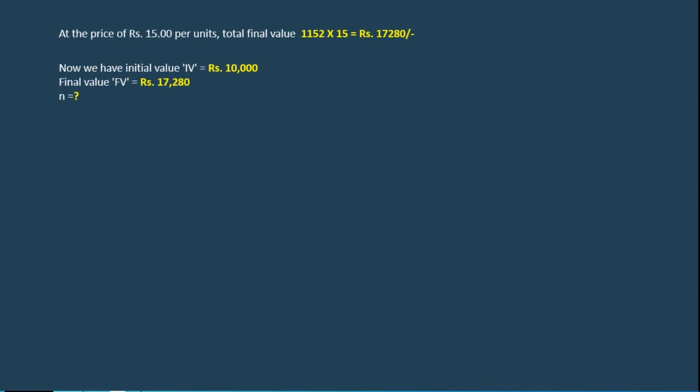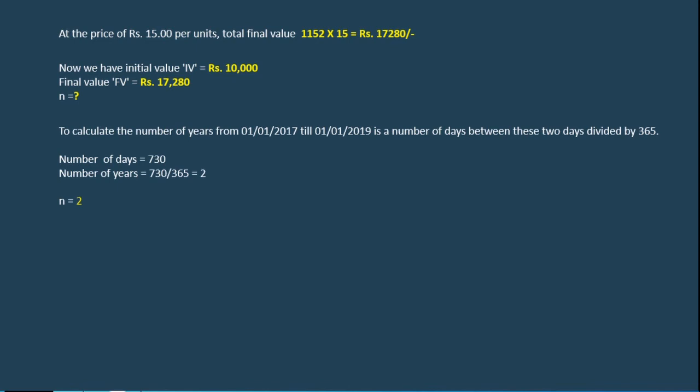In our problem, Mr. X made the initial investment on 1st January 2017 and the investment was held till 1st January 2019. So it is required to calculate the number of years between these two dates. The number of days is 730, and the number of years is 730 divided by 365, which is 2.